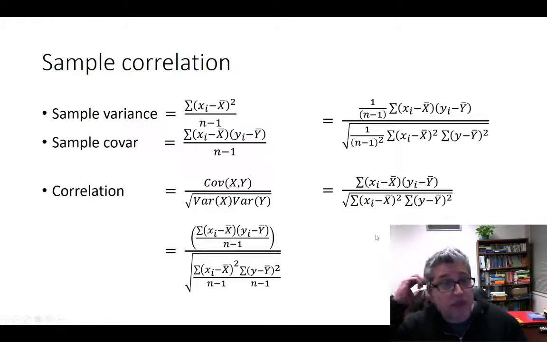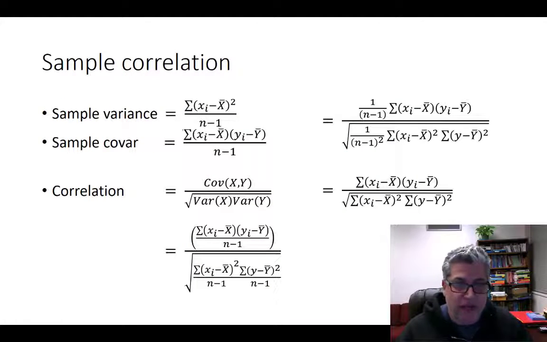Just to drive the point home a little further, we'll do the same thing with the sample correlation. So I've got here my formulas with x bars and y bars, and more importantly, I'm dividing here by n minus 1. And we can plug those into our definition for correlation, and in the numerator we get our n minus 1 bit from the covariance, and then we just substitute in the sample variance for x and the sample variance for y, and then we simplify.